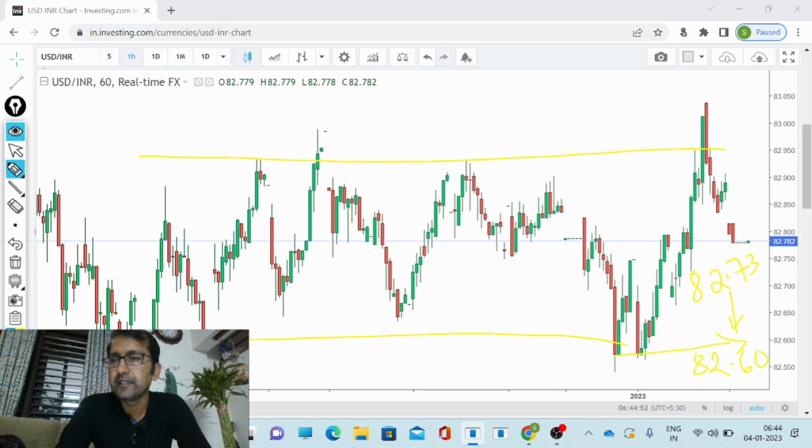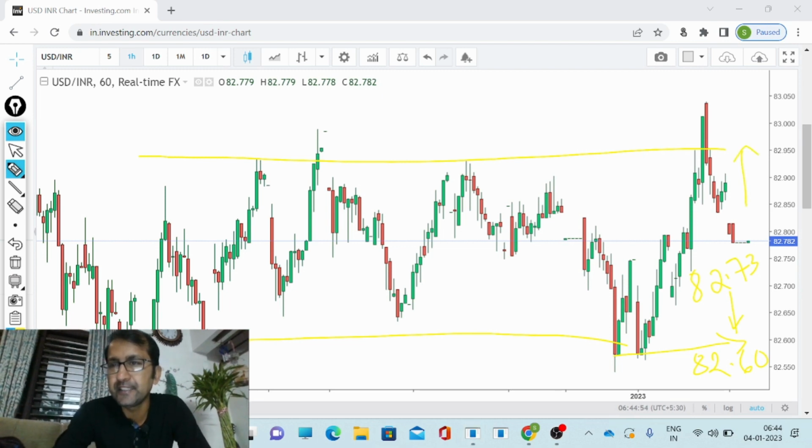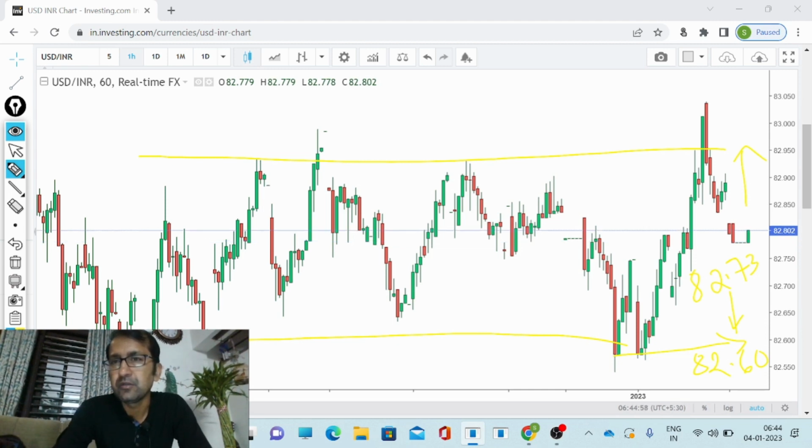But if it takes out the resistance at around 83, you can be assured that it can even touch 83.30, and the USD INR pair will be at an all time high. Since it is the beginning of the year, the volume in the market has been very low. It is trading in a very thin volume.